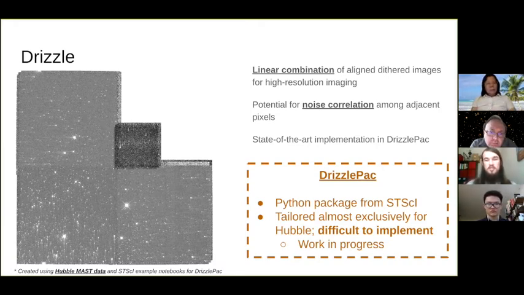And while this introduces some noise correlation among adjacent pixels, especially in undersampled ones like this, it's still a robust state-of-the-art technique. The problem is that the state-of-the-art implementation is tailored almost exclusively for Hubble, so I was unable to get it to fully work with my GOLS images. That being said, this sample image on the left here, I created using Hubble data. So there is potential, but it requires more work.